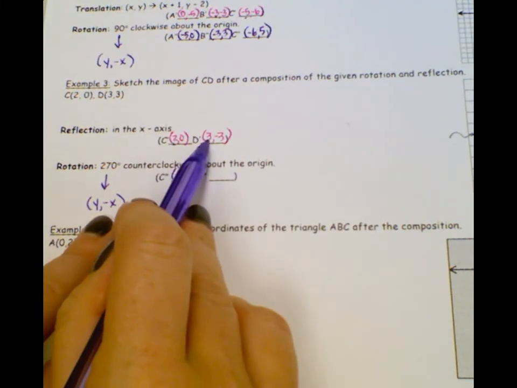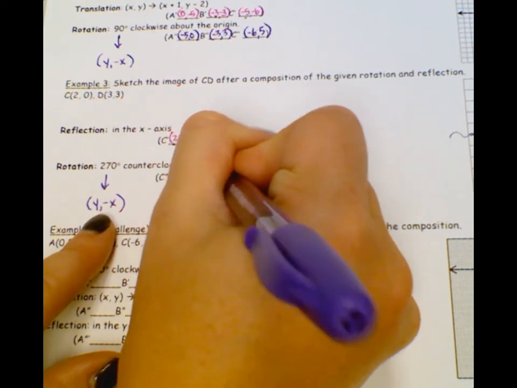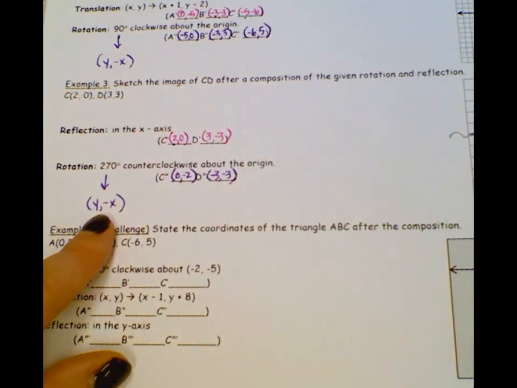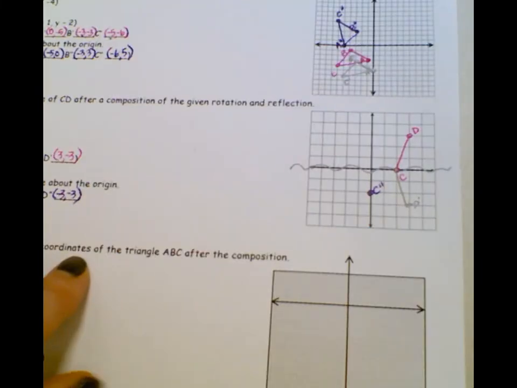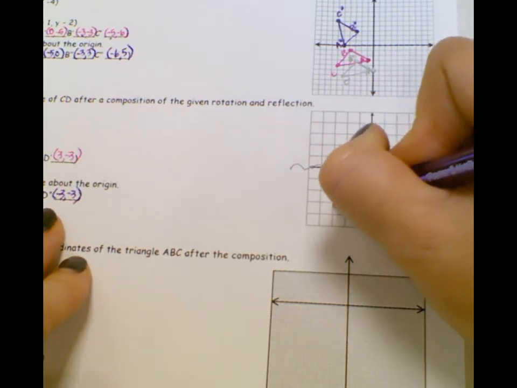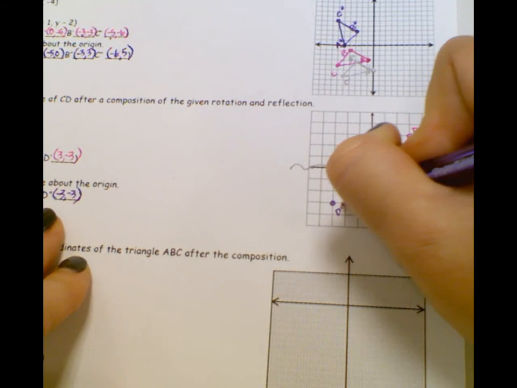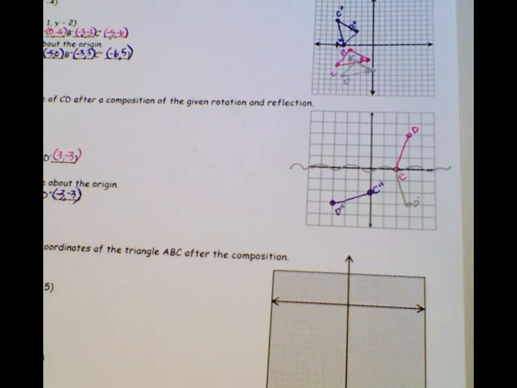This 3 is going to go to a negative, then flip it, -3, -3. Over 0, down 2, that's my new C double prime. Over -3, 1, 2, 3, down 3, 1, 2, 3, that's my new D double prime. See, again, not bad. All you're doing is just moving it around.